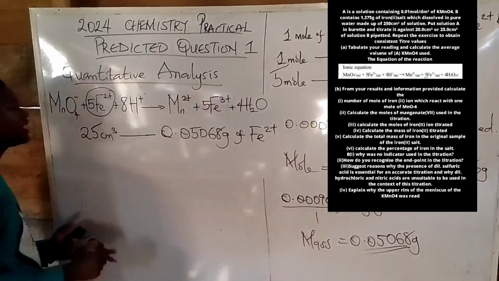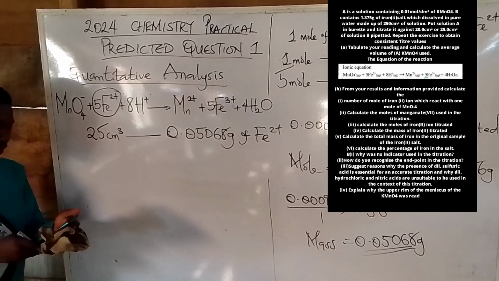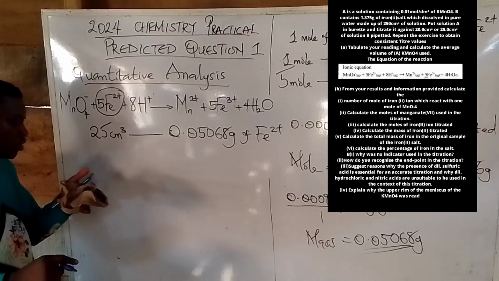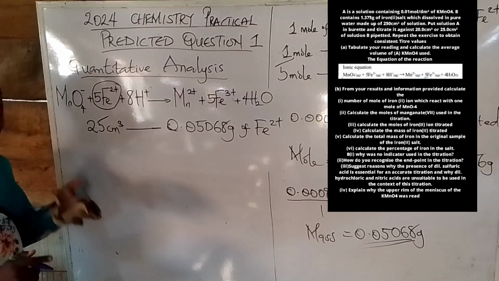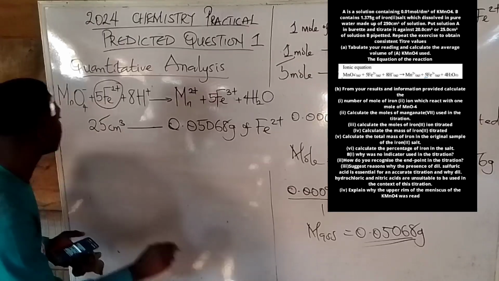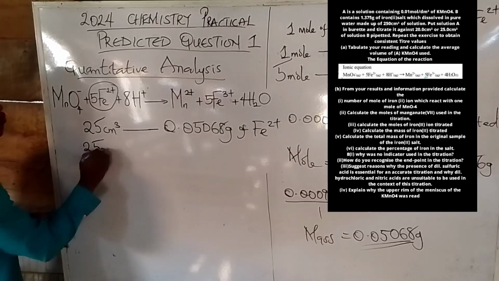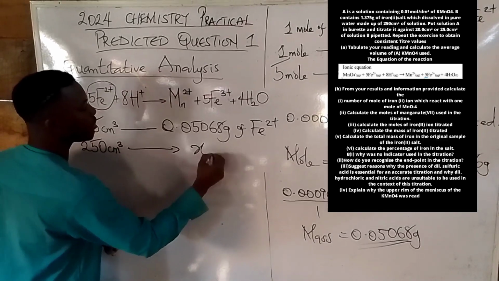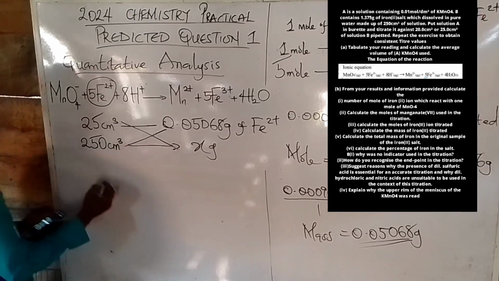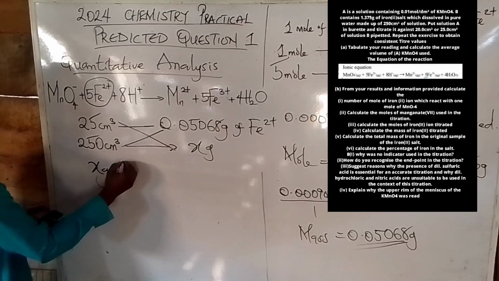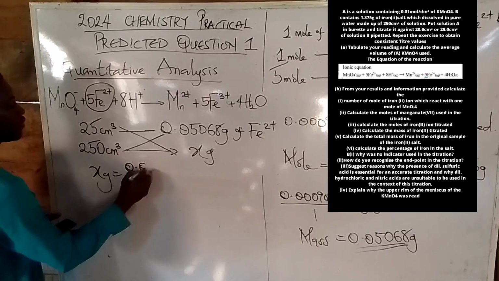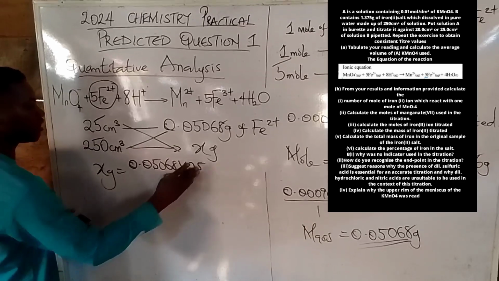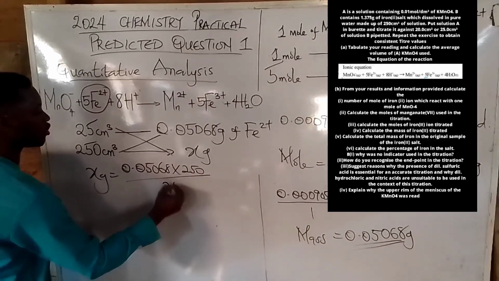Alright, so if we are given 25 centimeter cube of this, according to the question, the solution made up was 250 centimeter cube. So how many grams are we going to have in 250 centimeter cube? I don't know it, so let me call it x gram. When we cross multiply, x gram is 0.05068 multiplied by 250 divided by 25.